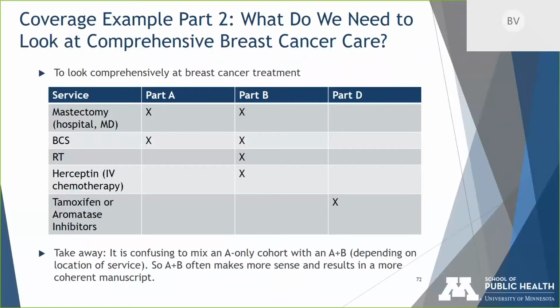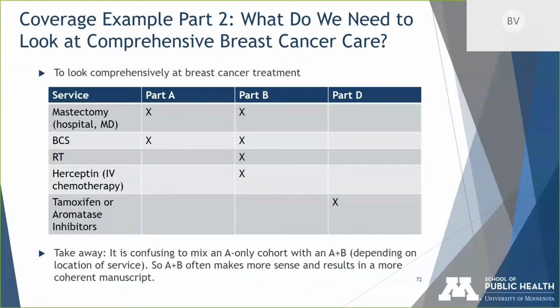So if we wanted to take a comprehensive look at breast cancer care, where would we need to look for these services and what kind of coverage restrictions will that imply that we need to meet? So again, we just walked through the mastectomy example, and given the previous slide, you'll need to have both Part A and Part B coverage to ensure that you're capturing all mastectomies.